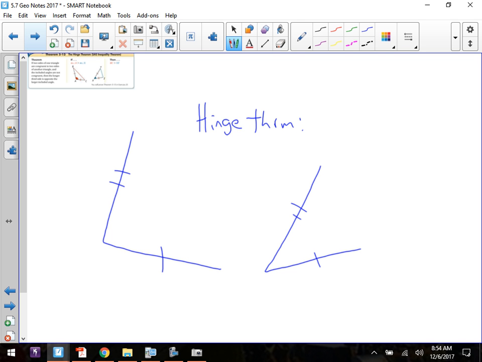Because what happens here is that the angle in between them may not be the same. So if the two angles are not congruent, the side length across from the larger angle is larger.